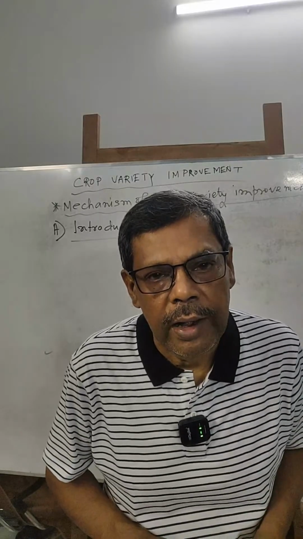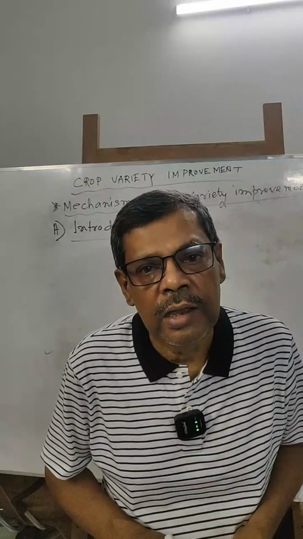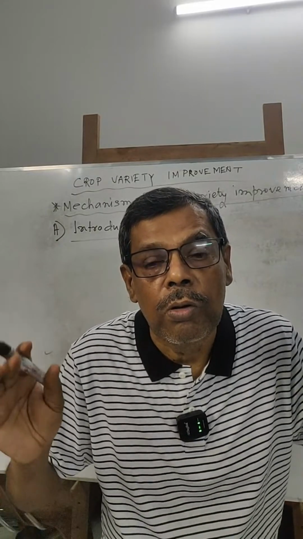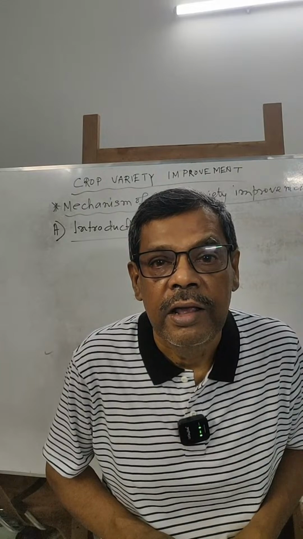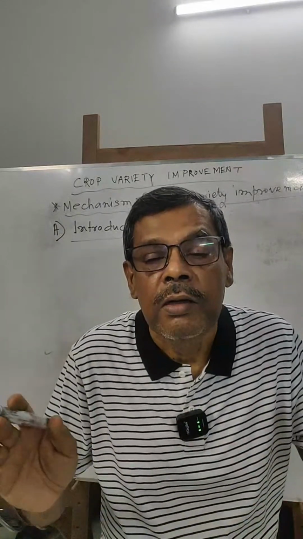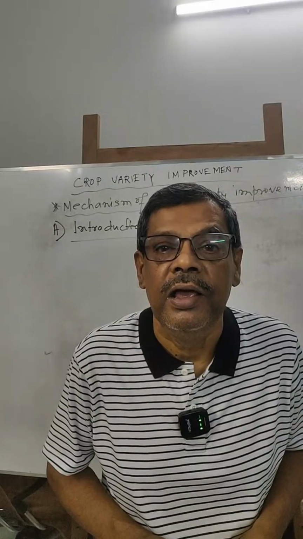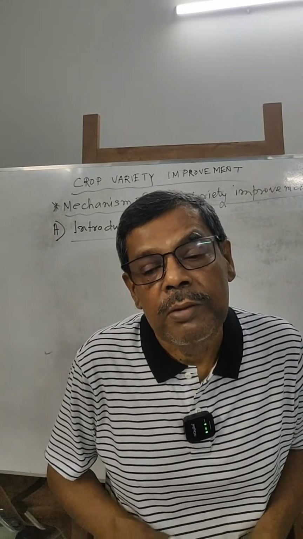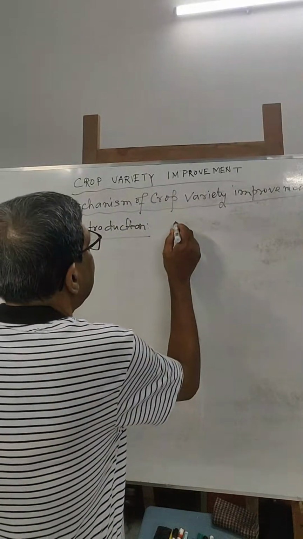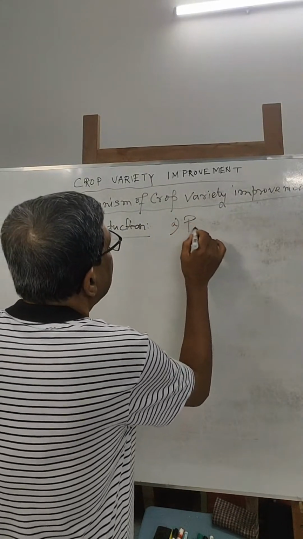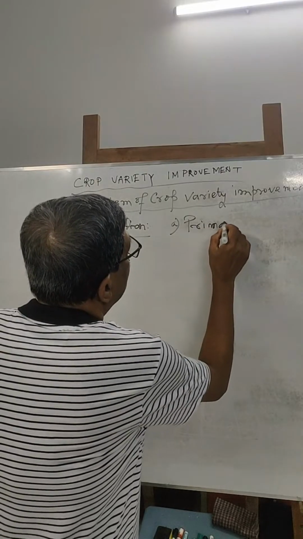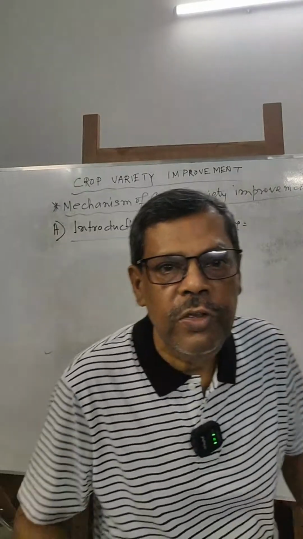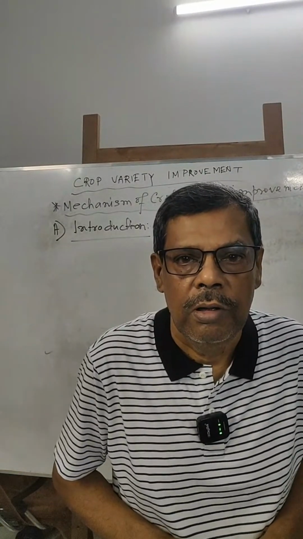In the new environment, the crops are acclimatized. They can give more production. Then they are called the adapted variety. It is divided into two parts. A, primary introduction. In this case, no change of genes is produced.